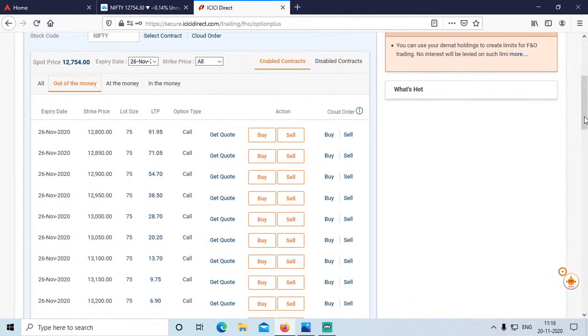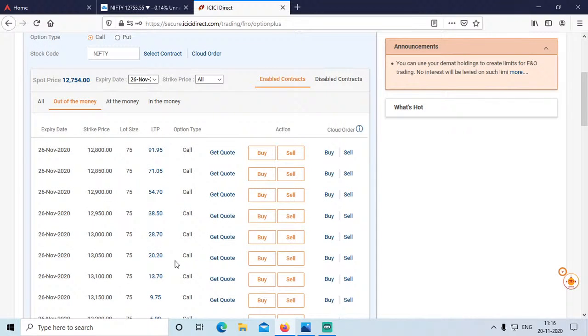So if you choose the out of the money, you have somewhere around 13,100 for 13 rupees. I think we will choose somewhere around 10 rupees. So this is close to 10 rupees, 13,100. So this we can sell it.